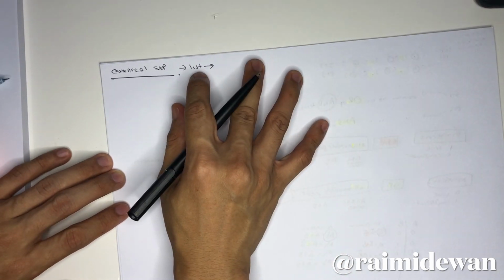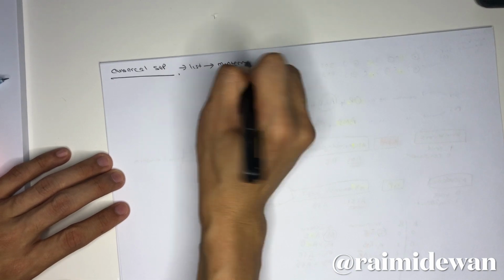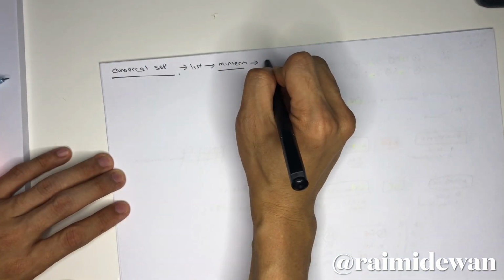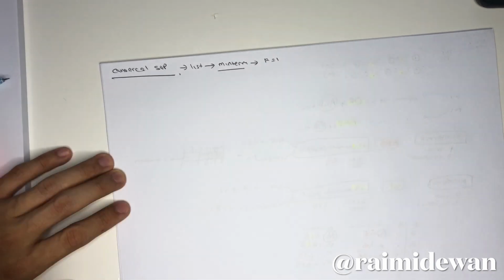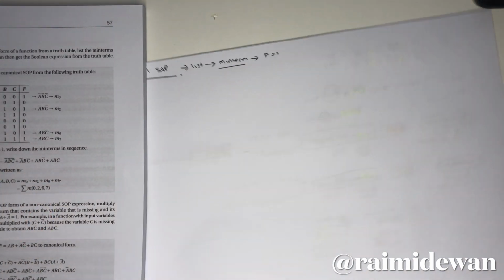For this one we need to list the minterms. The minterm, remember, is where the function will result in 1, where the output will result in 1. For example, we can see from this graph.